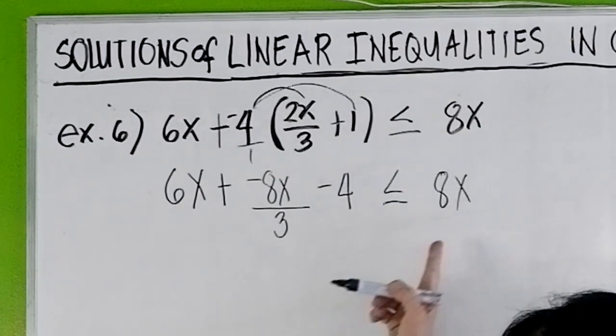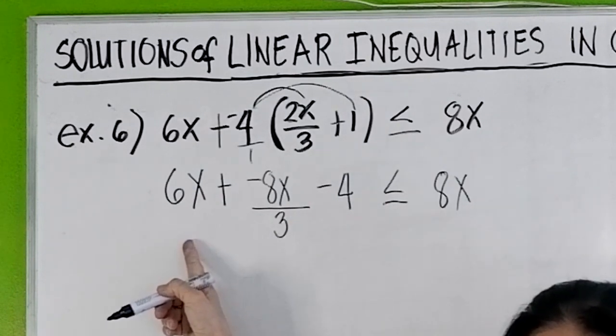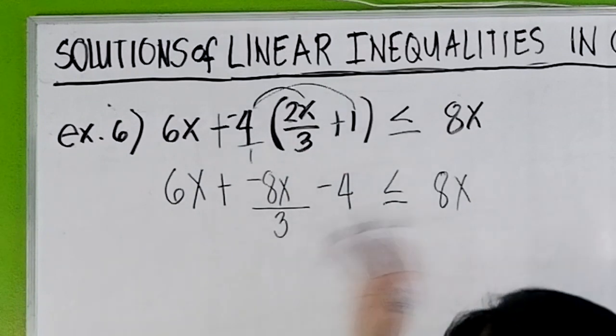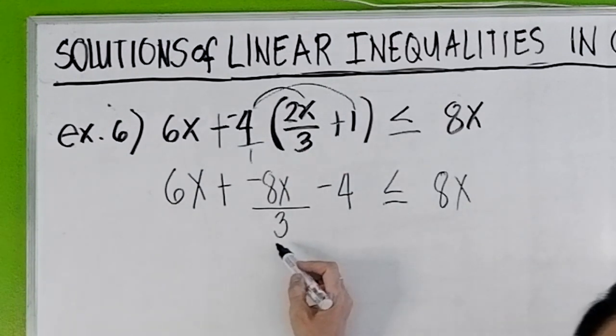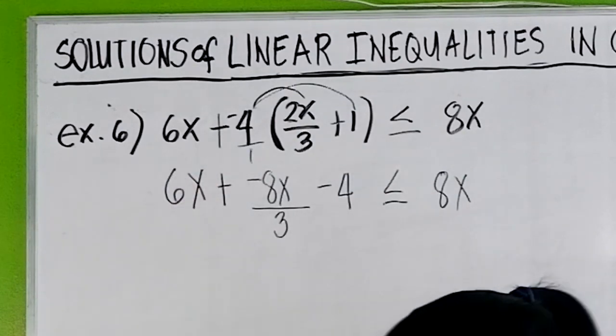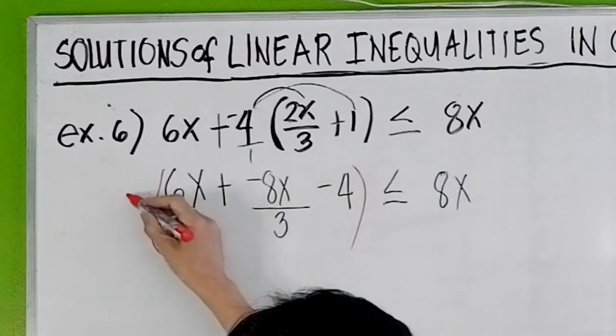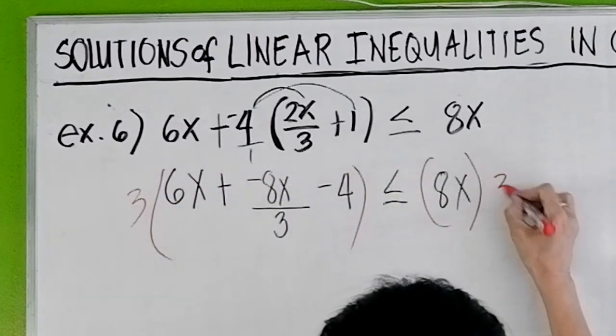Now, you can transpose 8x immediately, or you have a choice to multiply everything by 3 so that the denominator 3 here will be removed. So, let's multiply everything by 3 first. There. This times 3 and this times 3.